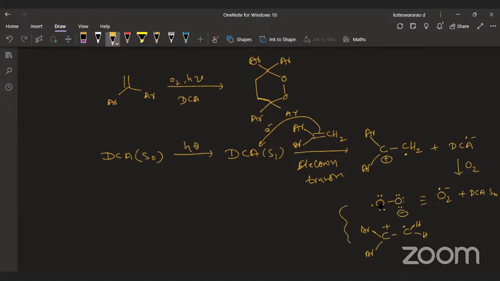Now both will combine together and give the formation of an adduct.